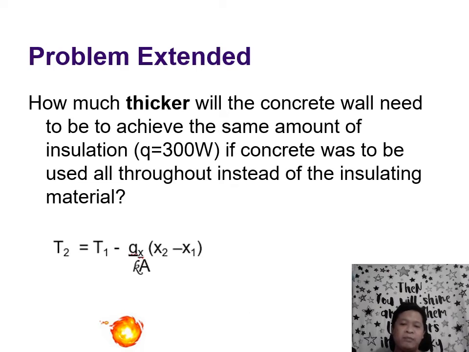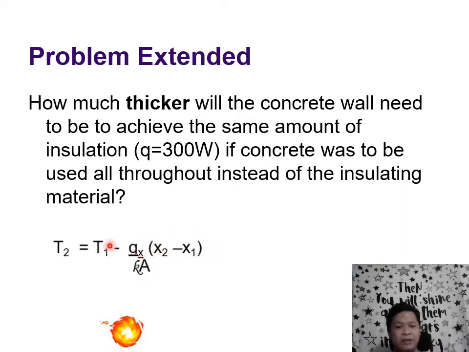So to notice the impact of insulating materials in lowering the energy cost through lessening the rate of heat transfer, subukan naman nating tingnan kung ano ang mangyayari kapag purong concrete yung ginamit natin para ma-achieve yung required insulation mo na 300 watts. So since you only have one component, you can use the simpler form of the equation. So the thickness would be this one, no, in delta x mo.